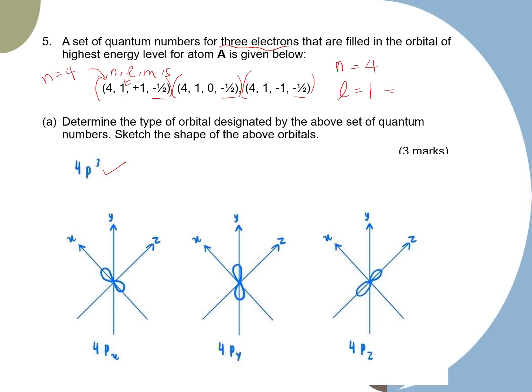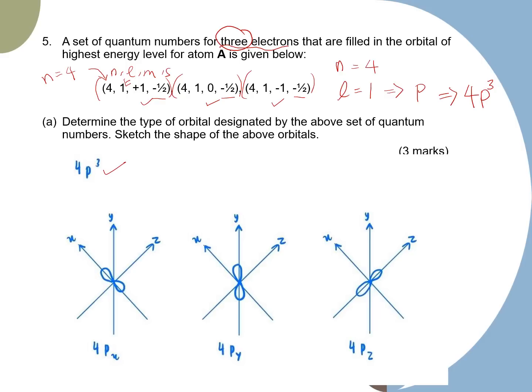When L equals to 1, we know that the shape is P. So the type of orbital is 4p. The question said 3 electrons and we have 3 sets of quantum numbers, so 4p3. That's why the answer is 4p3.